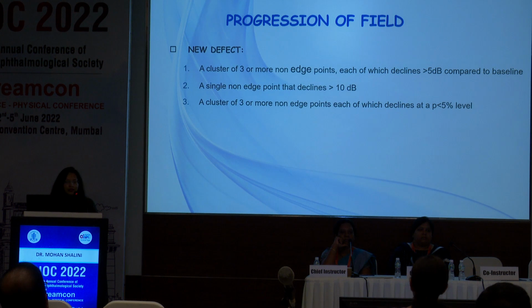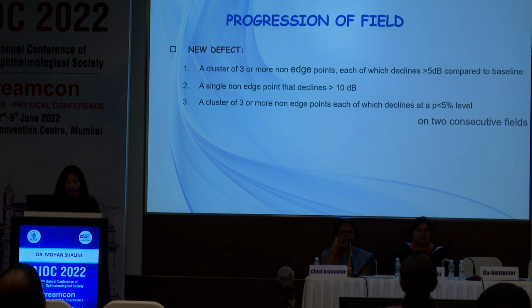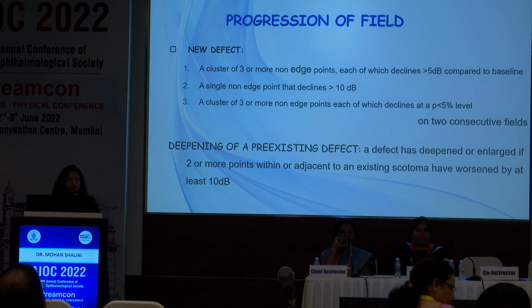Another criterion is a single non-edge point which has gone depressed by more than 10 decibels, or a cluster of 3 or more non-edge points, each of which has declined by less than 5% levels. So we know that the new defect is there for the patient, and that means he has progressed. This is important: it should be seen on 2 consecutive fields.